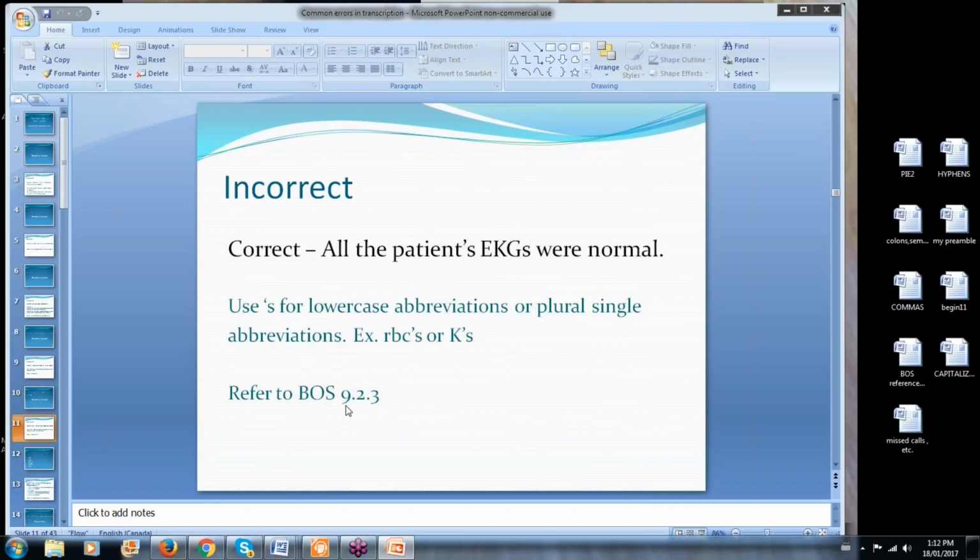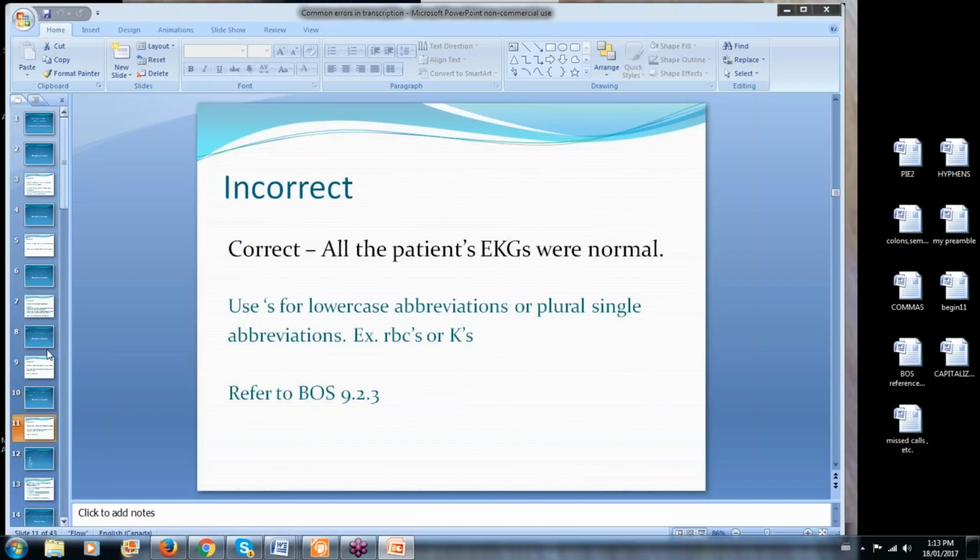And you can refer to BOSS 9.2.3 if you're unsure. All right, everybody clear on that one? It sounds like you are. Okay.